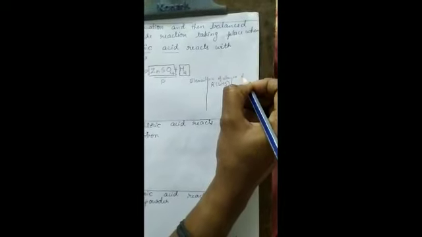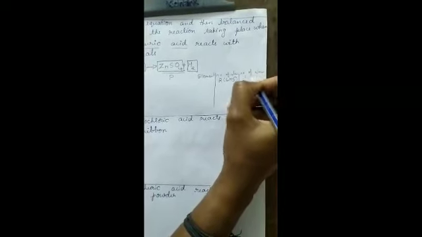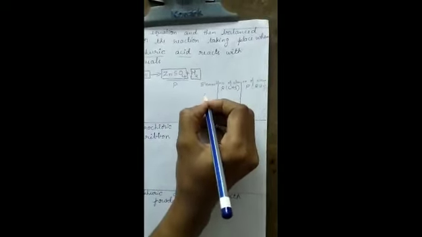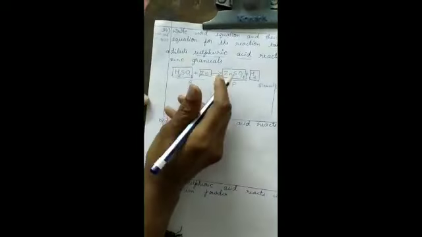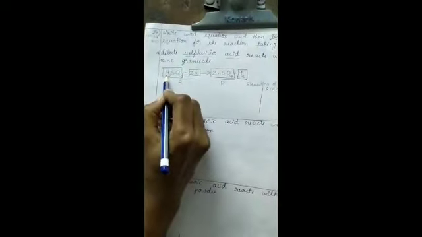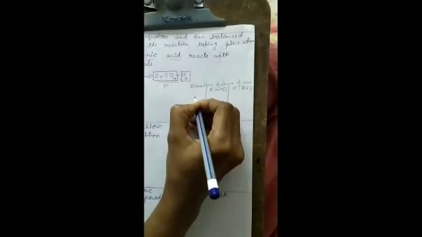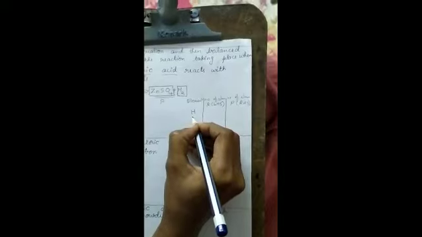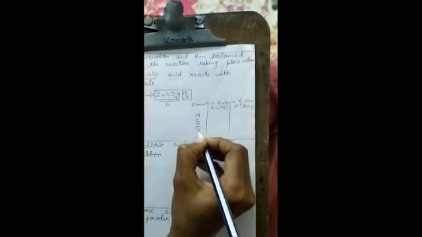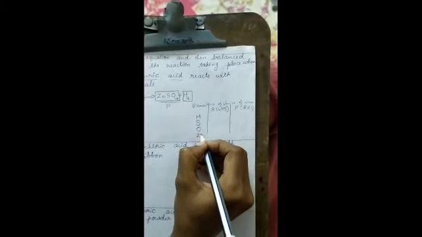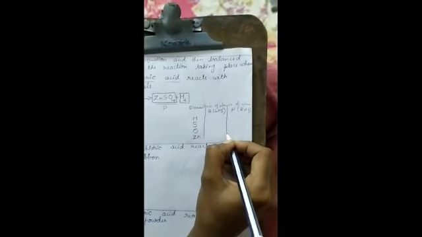Similarly, in the last column, the number of atoms in the product, that is RHS. Now write the elements. How many elements take part in this reaction? Hydrogen, sulfur, oxygen, zinc.